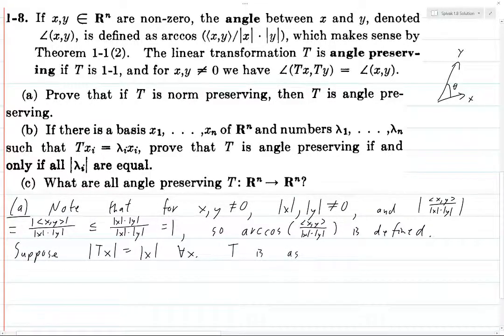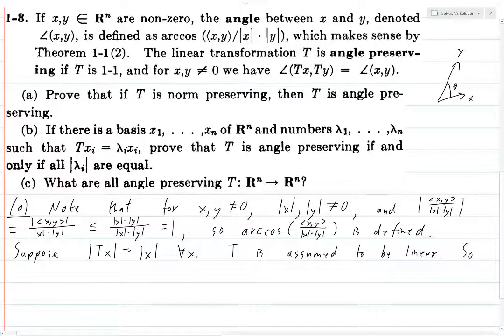T is assumed to be linear. That's because I guess the linear transformation T is angle preserving if T is 1 to 1 and so on. So prove that if T is norm preserving, it's implied in that statement that T is also linear. And in fact, we need linearity to do this proof.